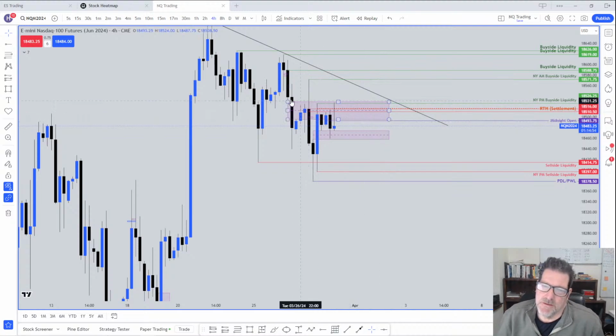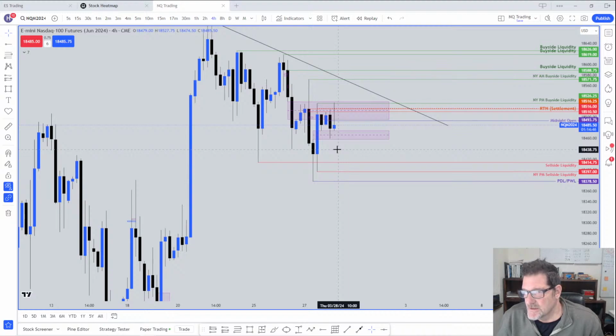If we were to get above this higher imbalance, that would make me bullish. If we were to get below this one, it would make me bearish. This candle doesn't close for another hour and 14 minutes, which I believe is 10 o'clock New York time. So we'll see what happens around 10 o'clock.